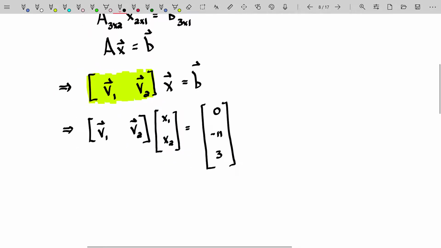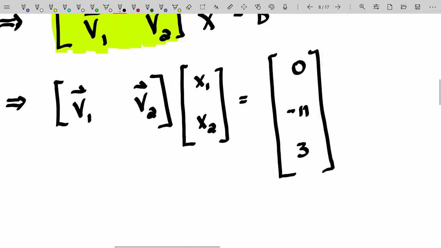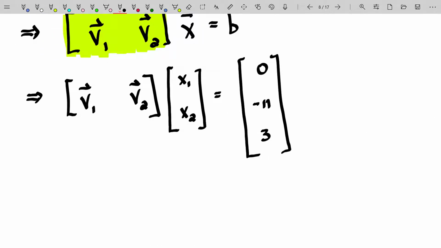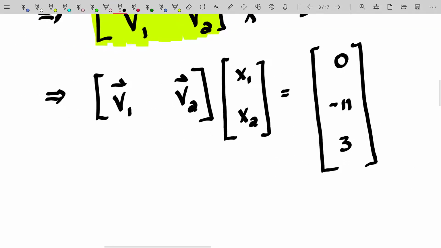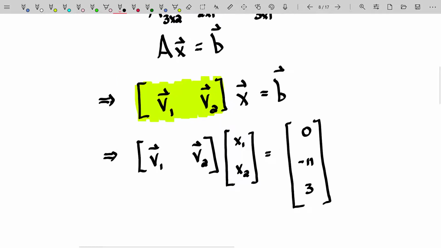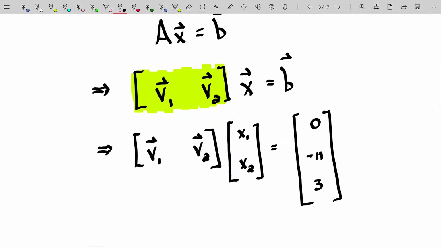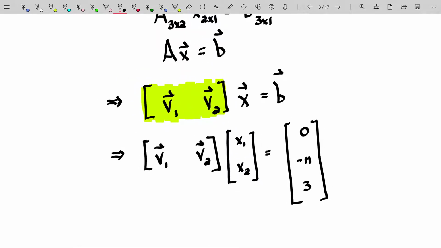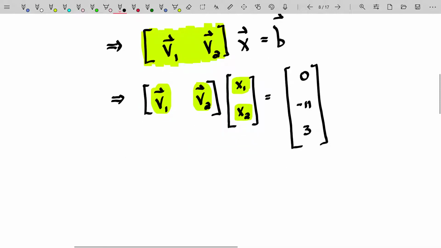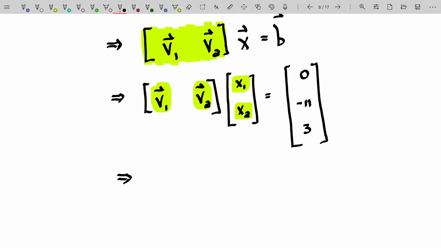Now, how do I know that the column vector X only has 2 elements? Well, when you have a matrix times a vector, the number of columns in the matrix itself should match the number of rows in the vector. That's just because of matrix multiplication. We've defined matrix multiplication to be basically a linear combination of vectors.